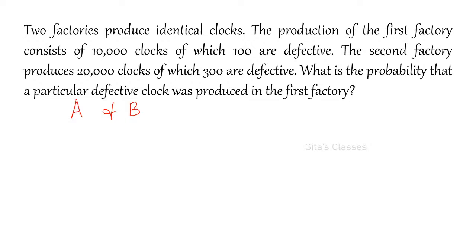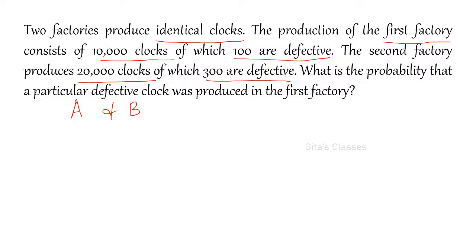See, they are producing identical clocks. The production of the first factory consists of 10,000 clocks, of which 100 are defective. The second factory produces 20,000 clocks, of which 300 are defective.